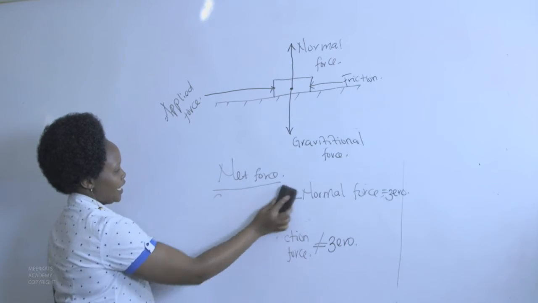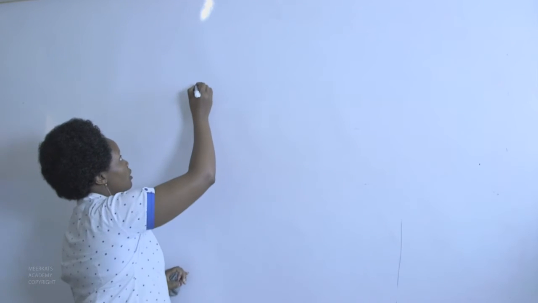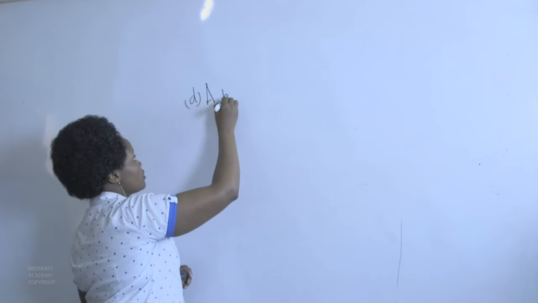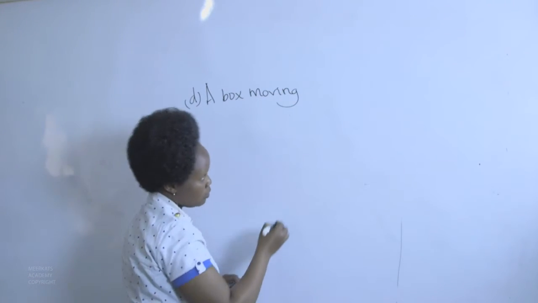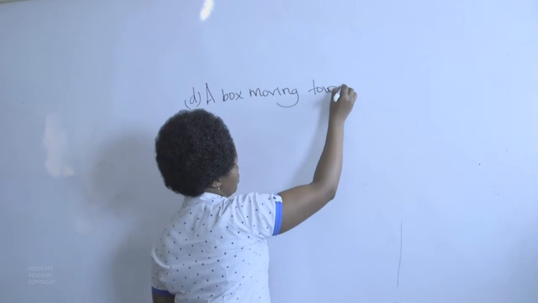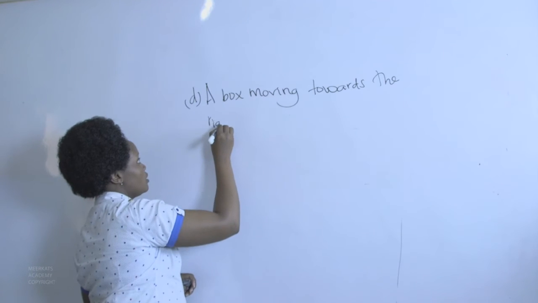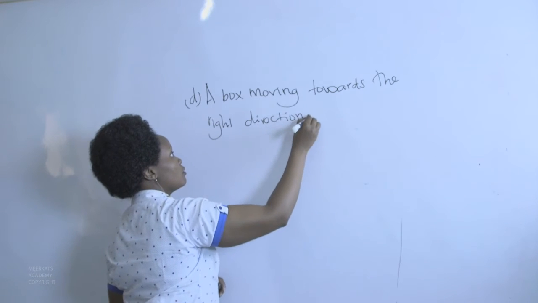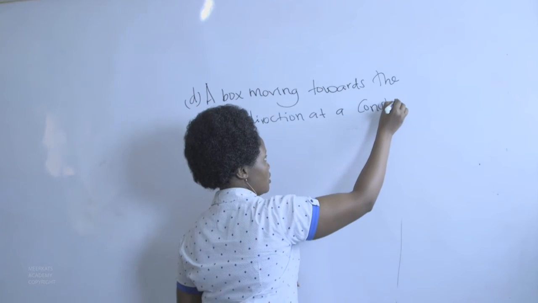I want us to look at another example, that is example D, a box moving towards the right direction at a constant speed.